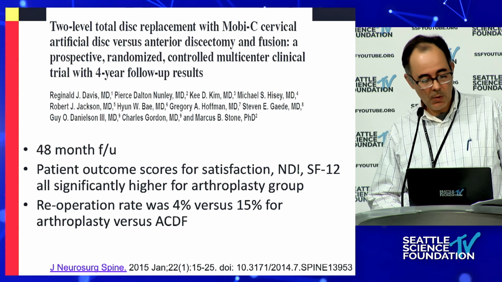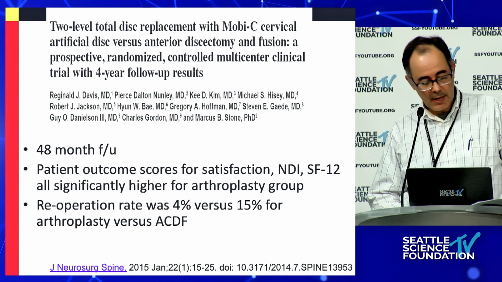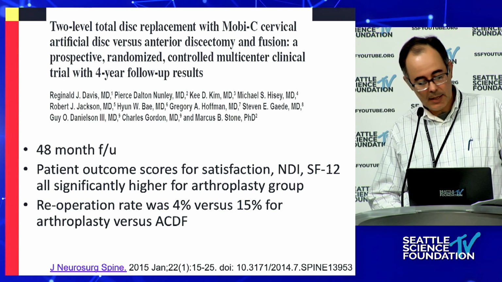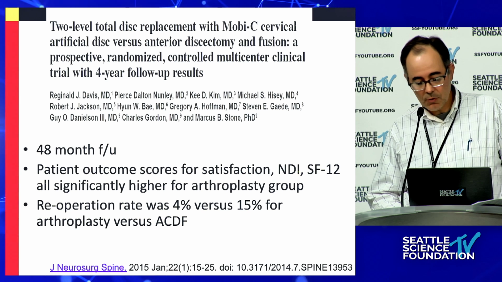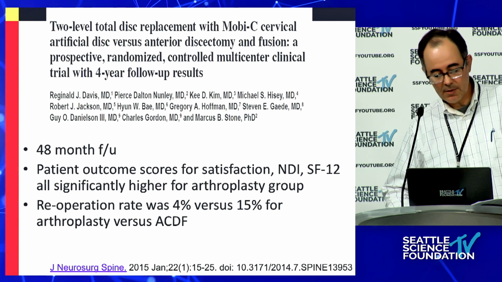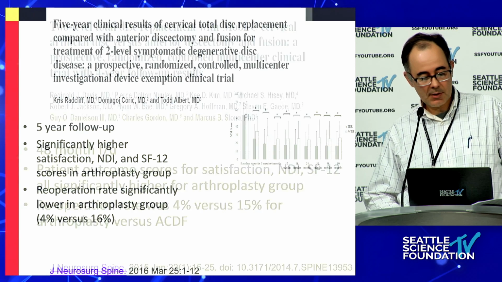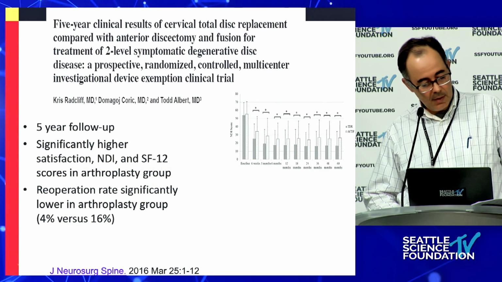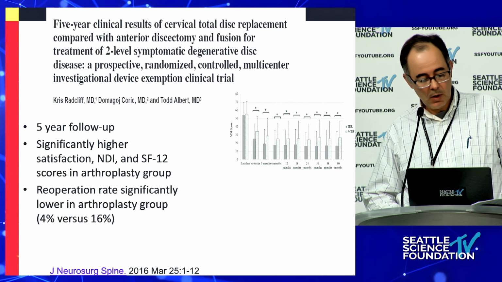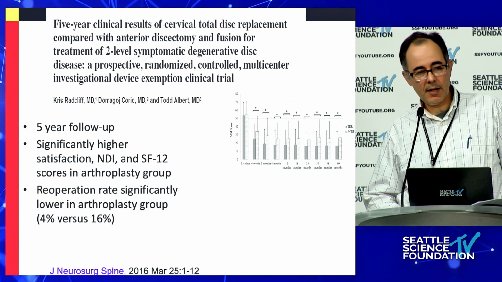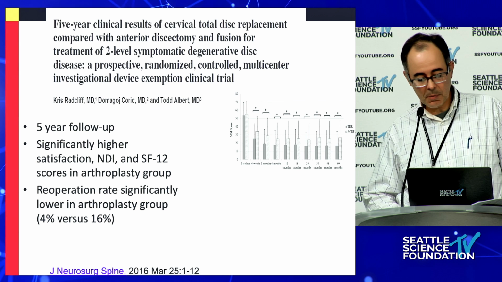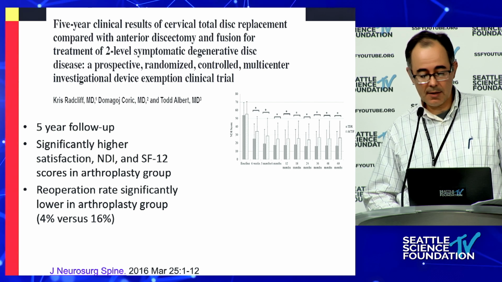This one happens to be the MOBC. This is a 48-month follow-up. Reoperation rate was 4% versus 15%, and higher patient outcome scores. Another study, 5-year follow-up, similar reoperation rates, 4% in the arthroplasty group versus 16%.